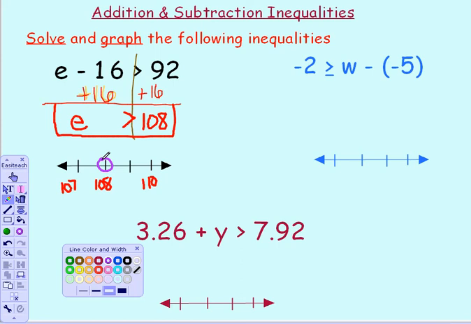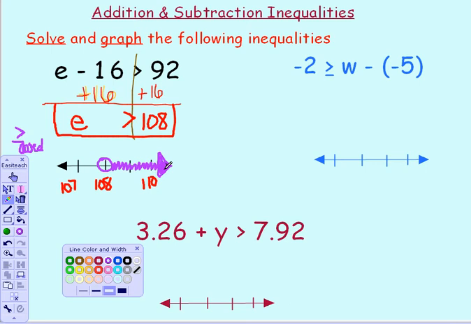Remember, if you have the greater than or equal to, if it's underlined, that's when you would have a closed circle. In this case, it's an open circle since it's just greater than. So e can be bigger than 108, and we're going to fill in all the numbers that are greater than 108.